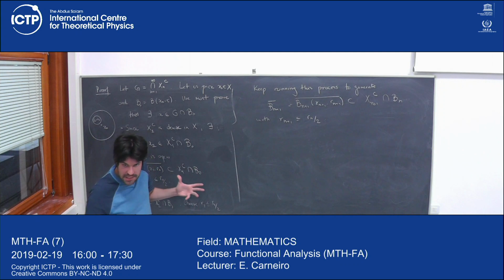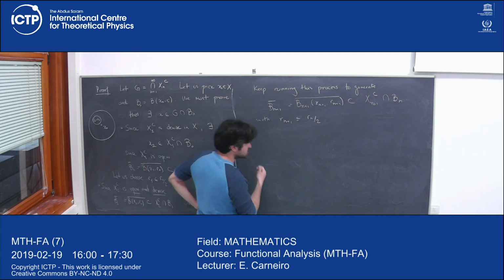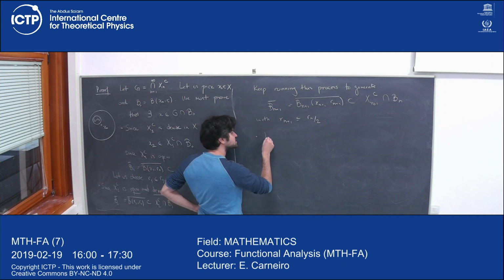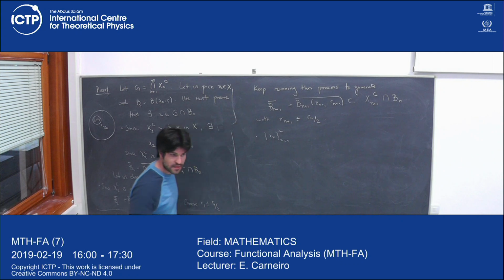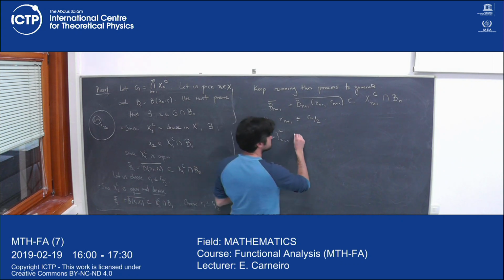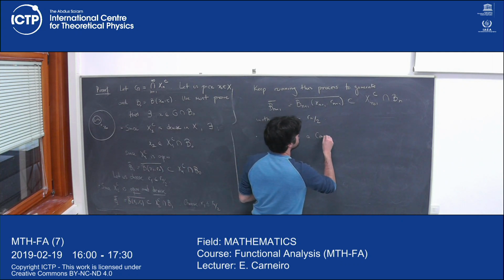Alright, so we are essentially done. Let's just interpret this. You have constructed a sequence xn, from 1 to infinity. This is a Cauchy sequence. Do you all agree?